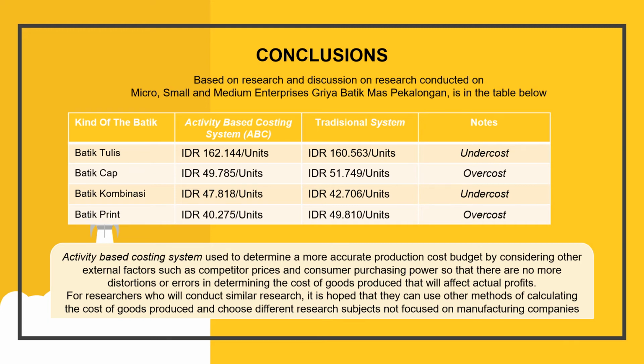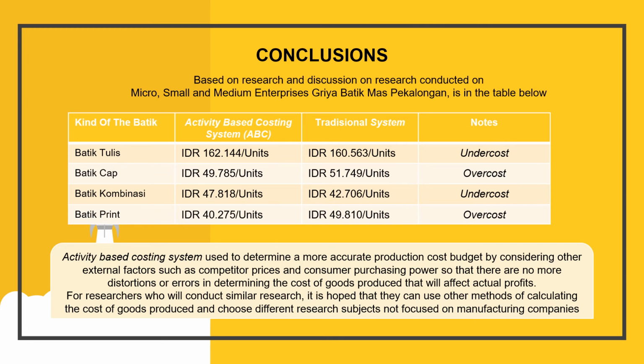And the next, the activity-based costing system for batik cap gives 49,785 per unit. Meanwhile, in the traditional system, it is 51,749 per unit. As the conclusion, it is overcost. Then, the activity-based costing system for batik combination is 47,818 per unit, and in the traditional system, it is 42,706 per unit.